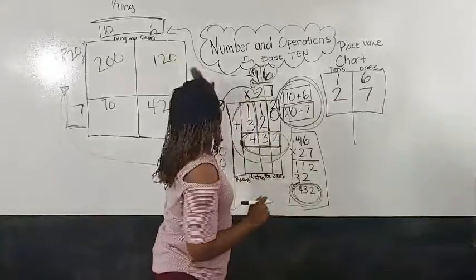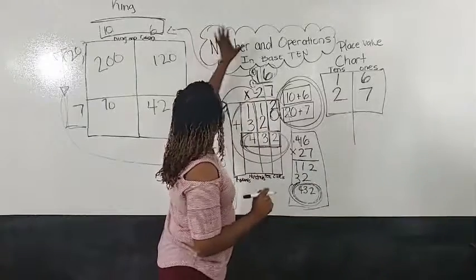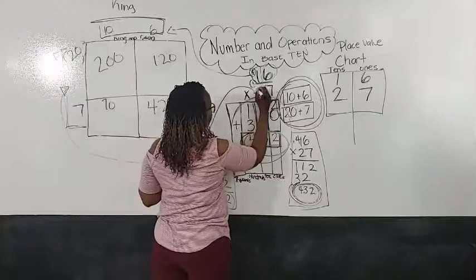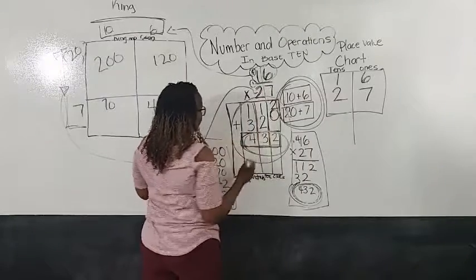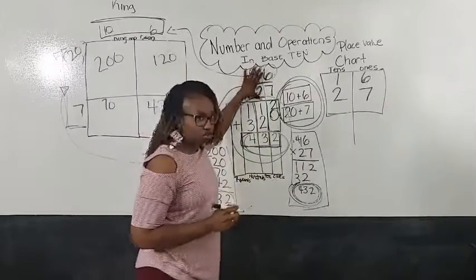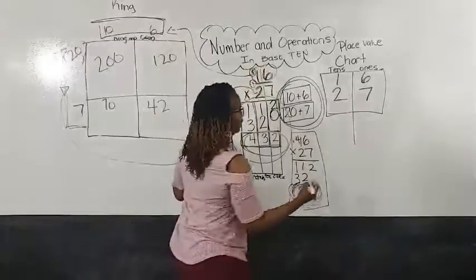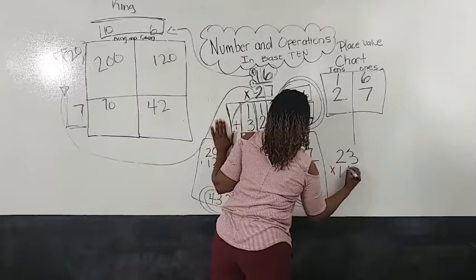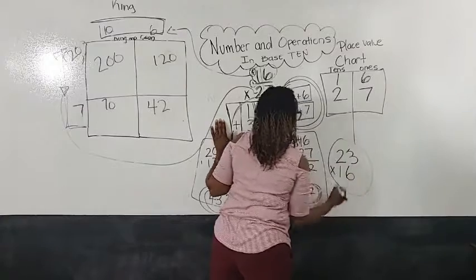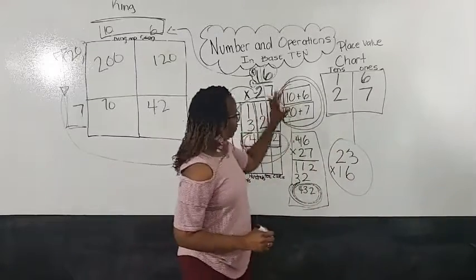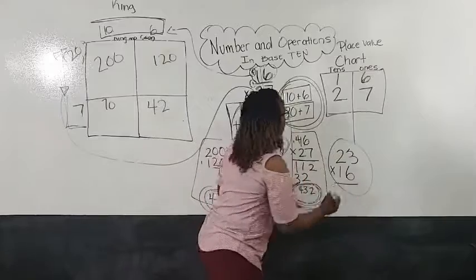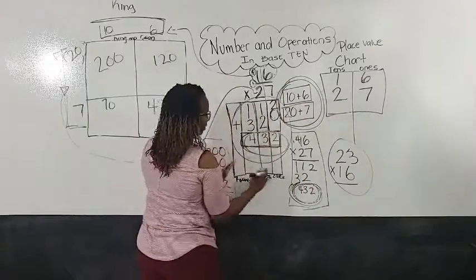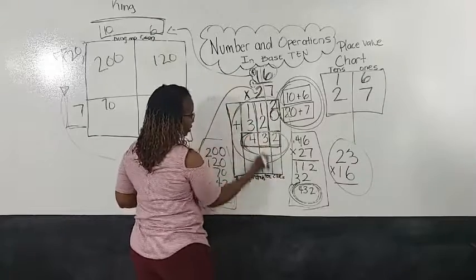Okay? So we were in our number and operations in the base 10 standard. We did 16 times 27 today, but this works for any 2-digit numbers. Okay? So even if you had 23 times 16, okay, it will work the same way. You will break those numbers apart. You will put them inside of your place value chart. You can do it the standard way by putting them in your lines in your boxes.